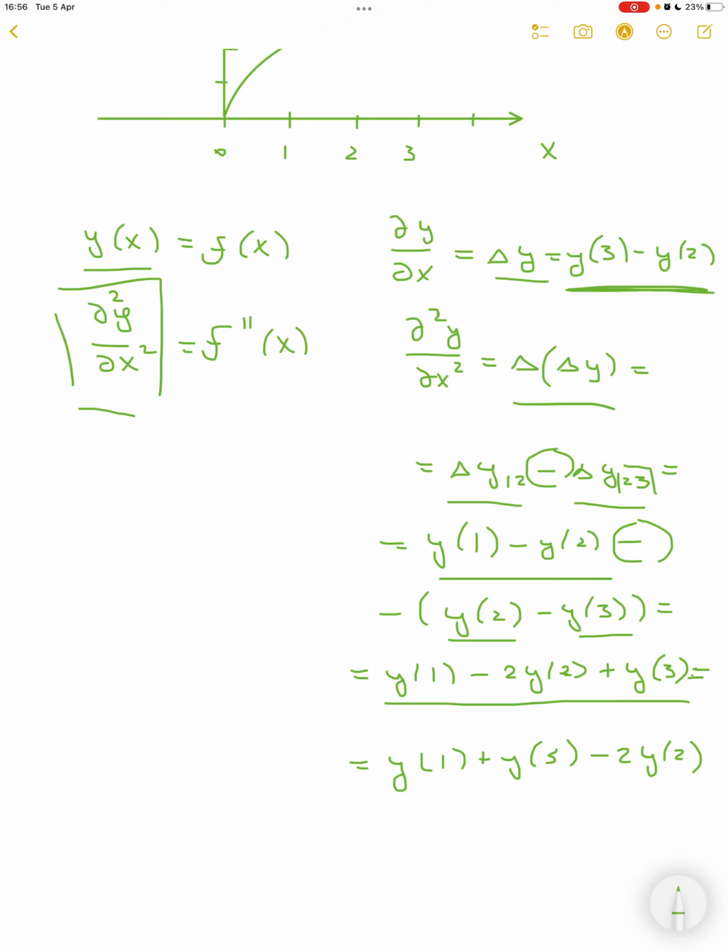Overall, if I write it in a more appealing way, it will look like this: y at 1 plus y at 3 minus twice y at 2.